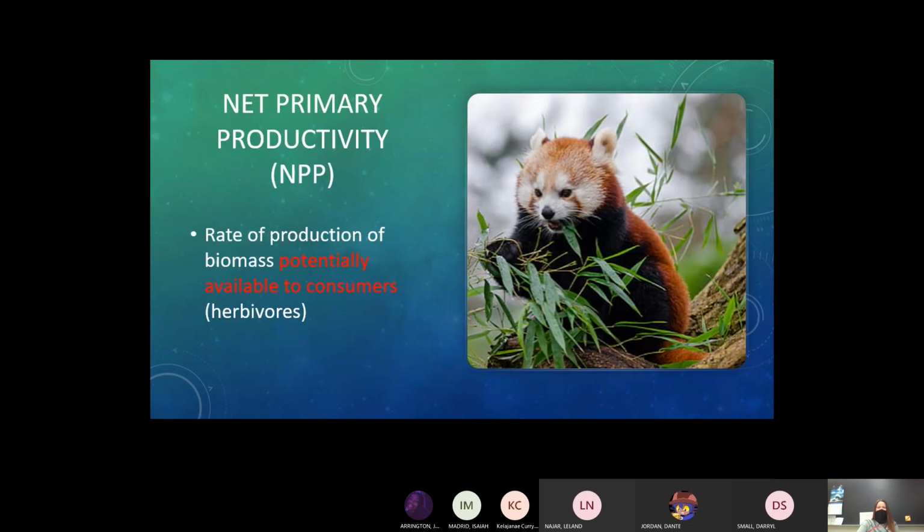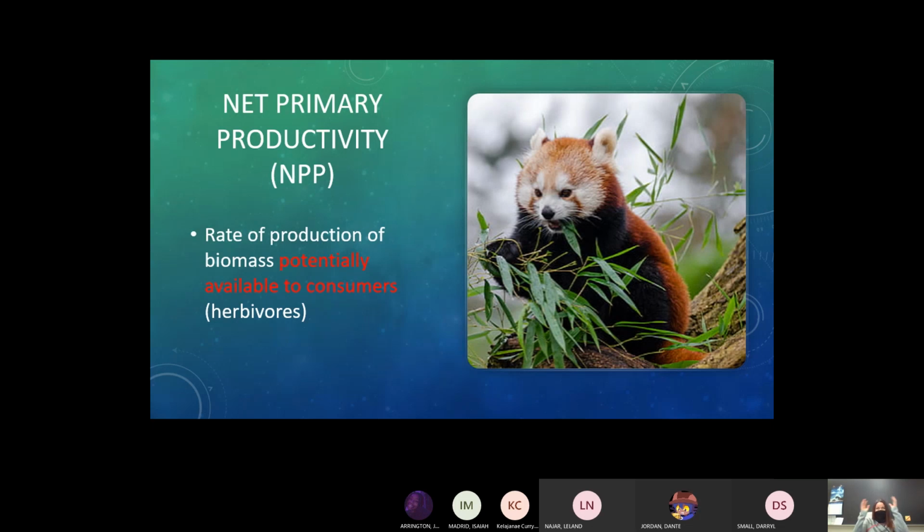All right. The next one is called net primary productivity. That is the rate of production of biomass potentially available to consumers, or herbivores or omnivores. As far as the paycheck analogy goes, this is how much actually gets deposited into your checking account, your wallet, whatever.